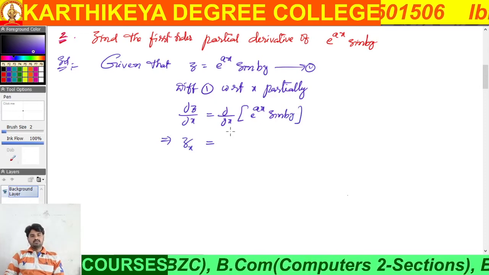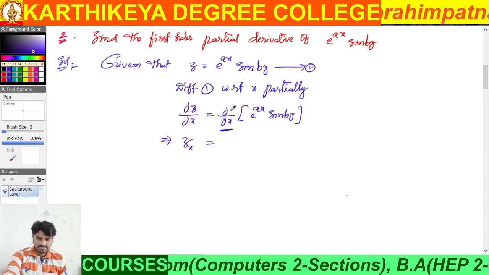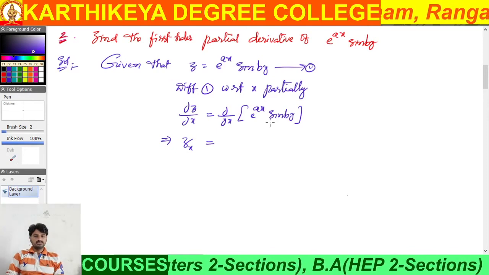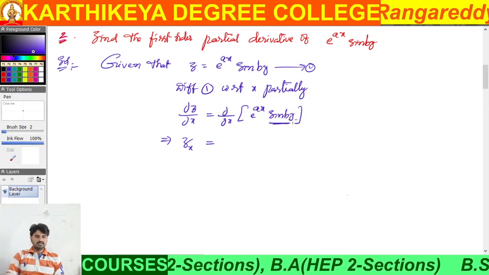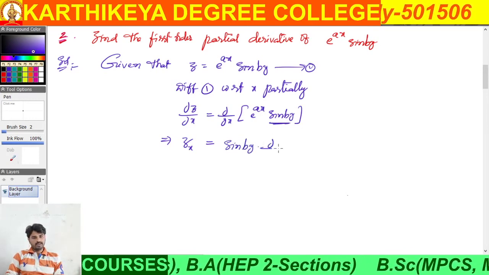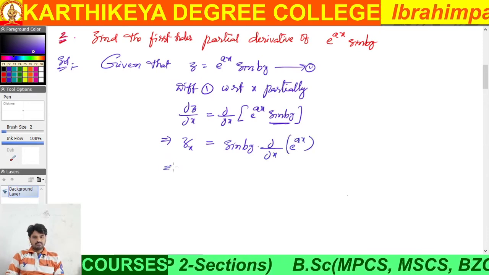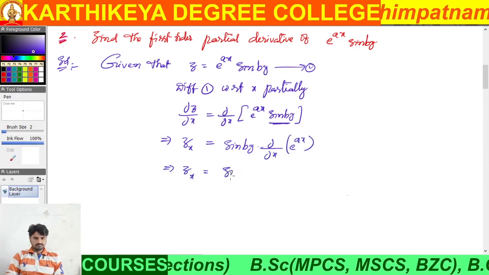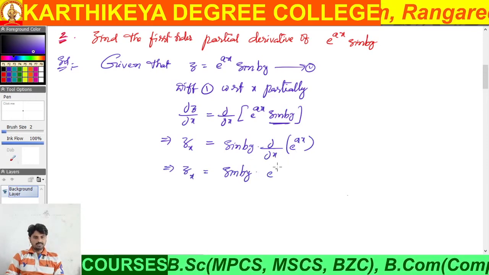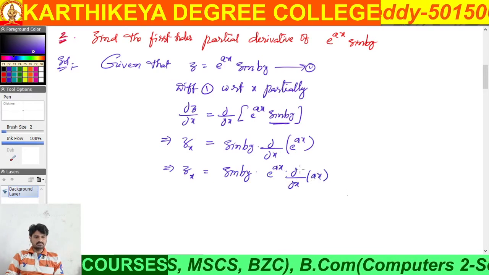Suppose you are differentiating with respect to x, the terms which do not have the x variable can be treated as constant. So here the constant term is sin by, because it does not have x. So you write sin by, and then dou by dou x of e to the power of ax. Now z_x equals sin by into the derivative of e power ax, which is e power ax, since we differentiate the exponential function with respect to x.